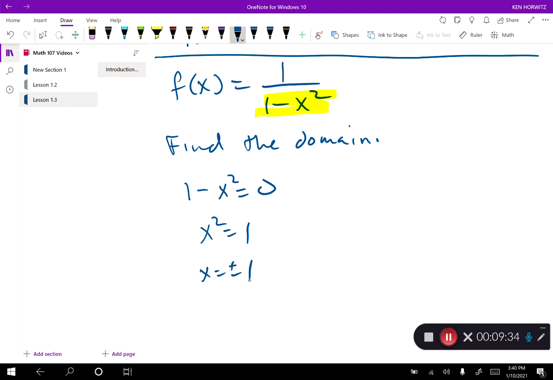And I get plus or minus 1, which means basically that when I write my final answer, and in this case, interval notation is indeed warranted.